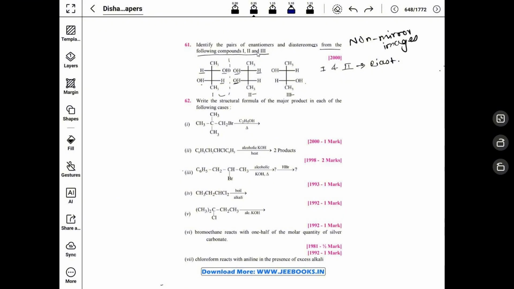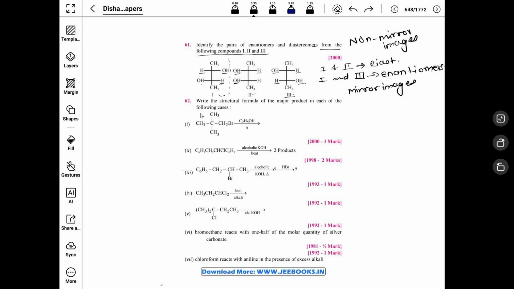So diastereomers don't have a mirror image relationship. Now 1 and 3, let's see, OH, yes, hydrogen, yes, hydrogen, yes, OH, yes. So 1 and 3 are enantiomers, because enantiomers are non-superimposable mirror images.